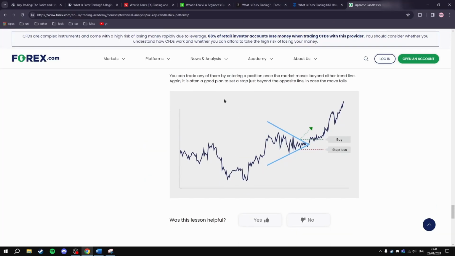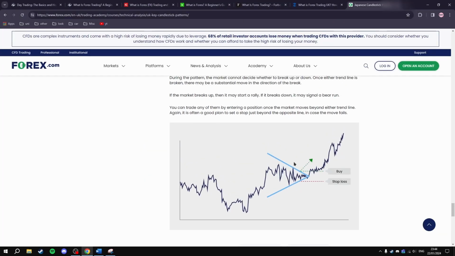So with this one, you can trade any of them by entering once the market moves beyond either trend line. So you can either sell here or buy here.